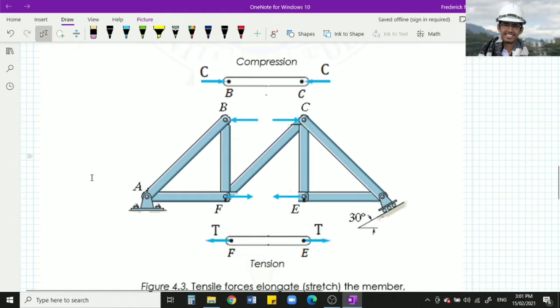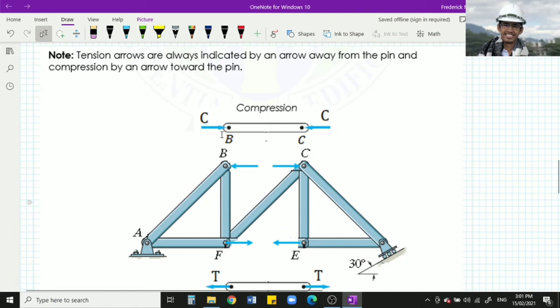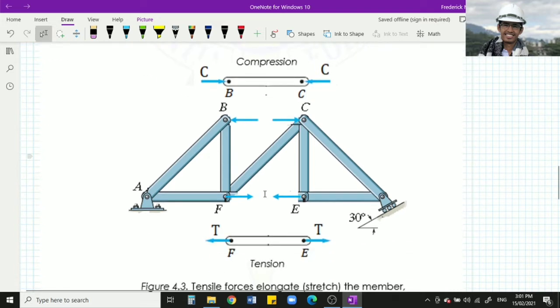So, example, meron tayong truss and kapag compression, yung force na nag-act sa ating member, towards dun sa pin. Okay? And kapag yung sa member naman is ang nag-act doon is tension, so always away from the pin yung ating direction ng ating force kapag tension.